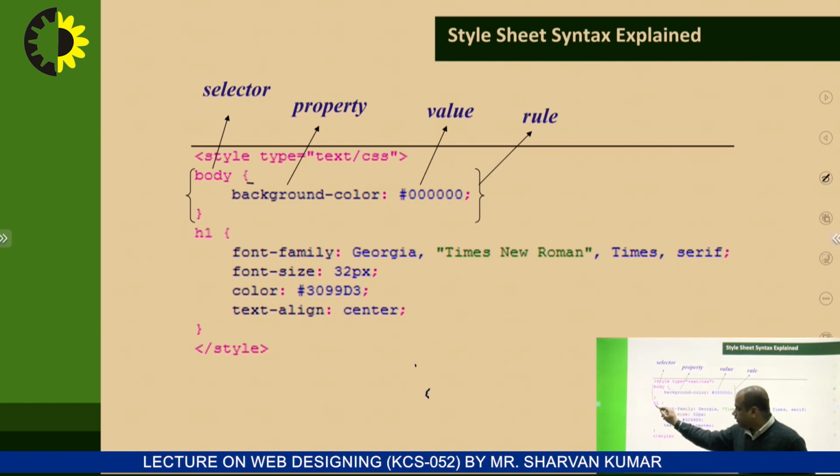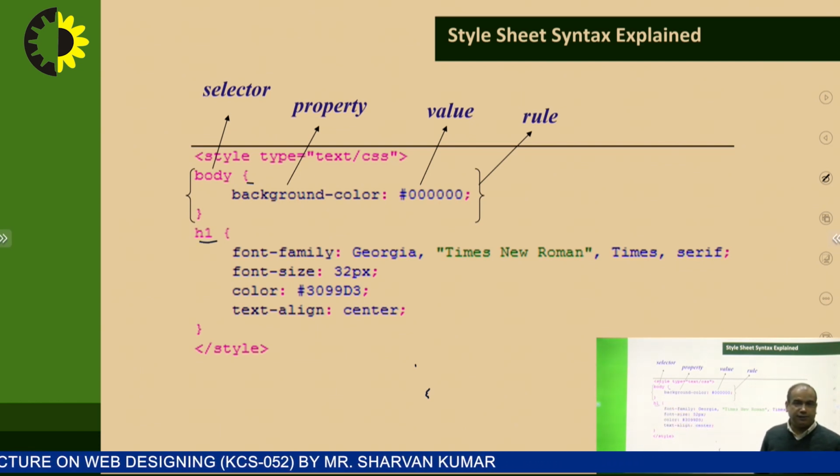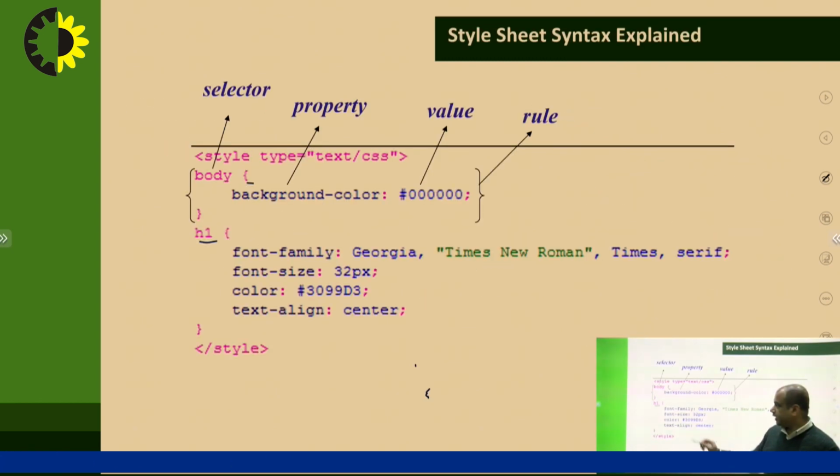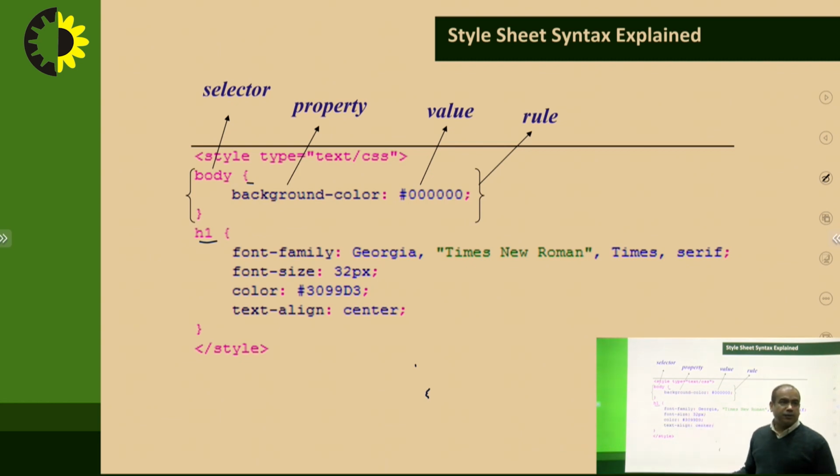Same with another tag or element, that is the h1 tag. Here it is known as the h1 selector. Properties: font family, where the family name is given here; next, font size, where the size of that font is defined; color of that particular font; and text alignment, which is either center, justify, whatever value we provide. And then the closing of this style sheet.